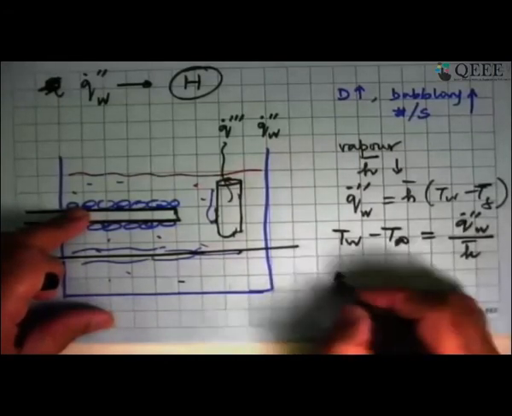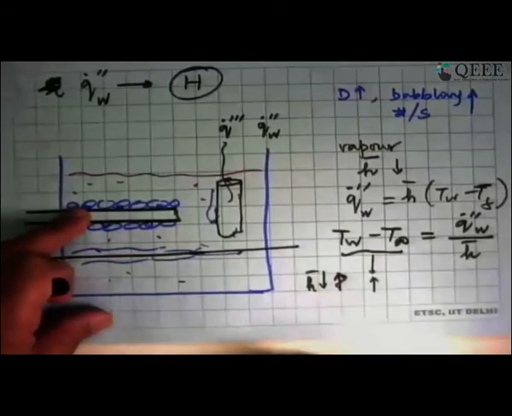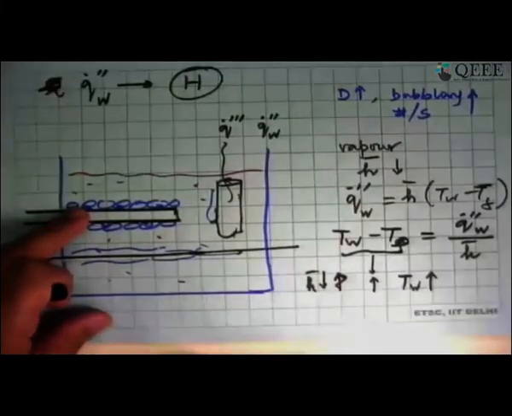So H bar decreases, T_W minus T infinity increases. T infinity is the fluid temperature T_F, and T_F is constant, which means that T_W is increasing. And that's exactly what this curve was telling us, that T_W is increasing.